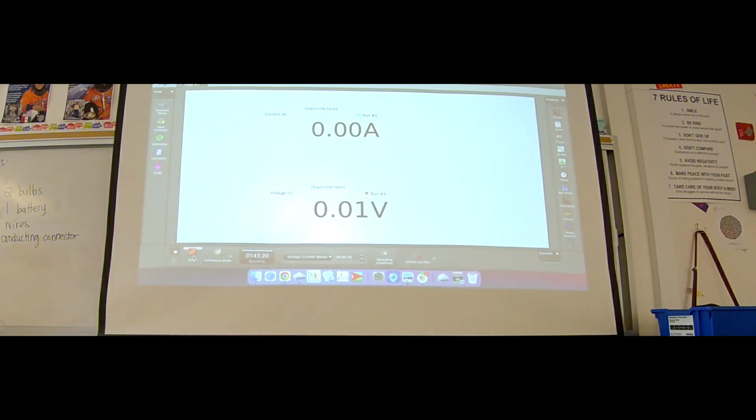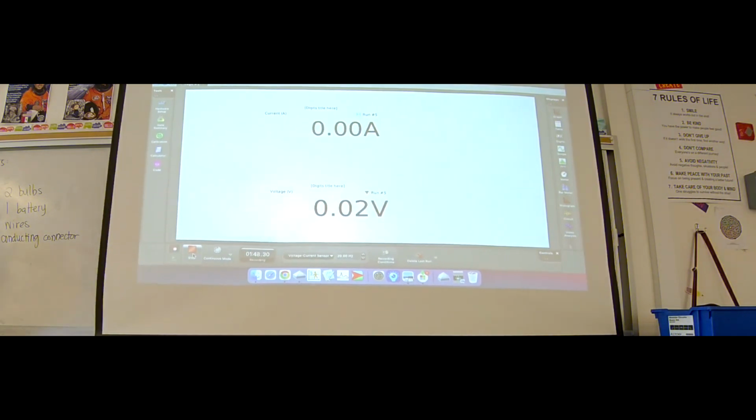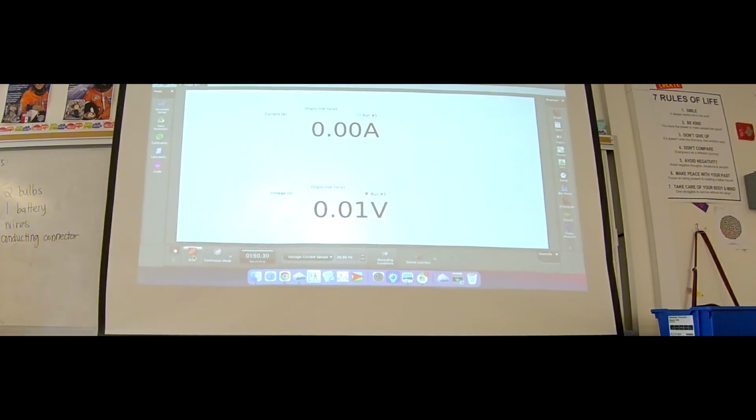The battery, and they're both directly connected to the battery. So it's not exact, but I started off with a 1.5 volt battery, and I ended up with a 1.44 and 1.44 voltage drop, or potential difference, through each resistor, or each light bulb.